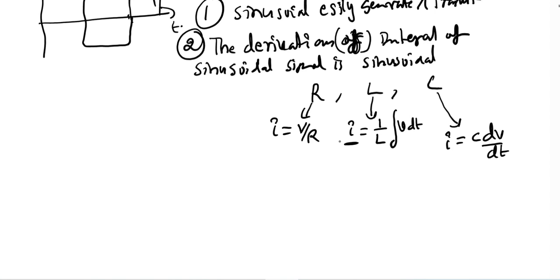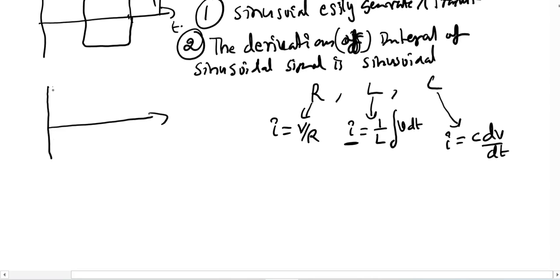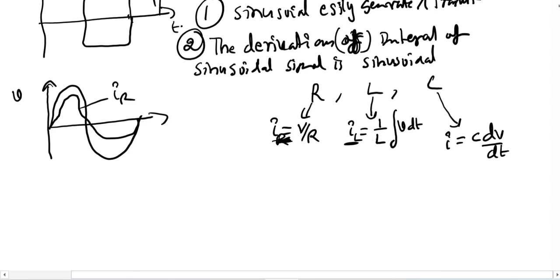Suppose my voltage waveform is sinusoidal. If we find the current for the resistance R, the current waveform is also sinusoidal. So IR, IL and IC are like this: this is my current waveform, and this is the voltage.